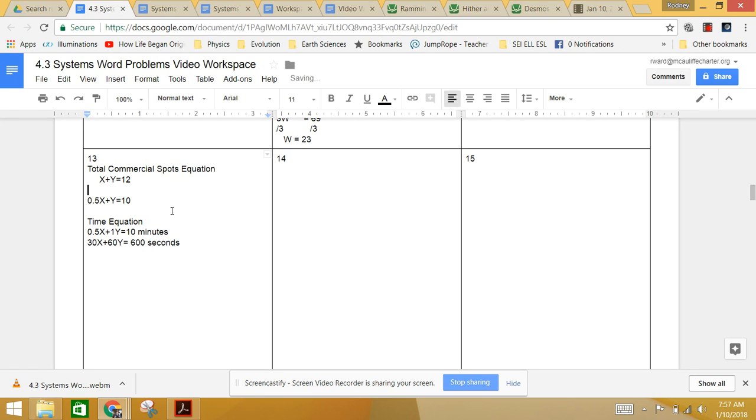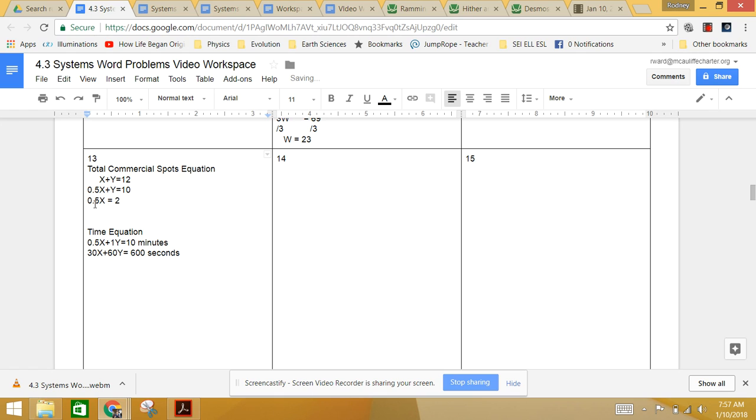You should pause and see if you can sort this out. I'm going to subtract because my y coefficients are the same. So I end up with 0.5x, because x minus 0.5x is 0.5x, since that was really a 1x there. Y goes away. So that equals 12 minus 10, which is 2.